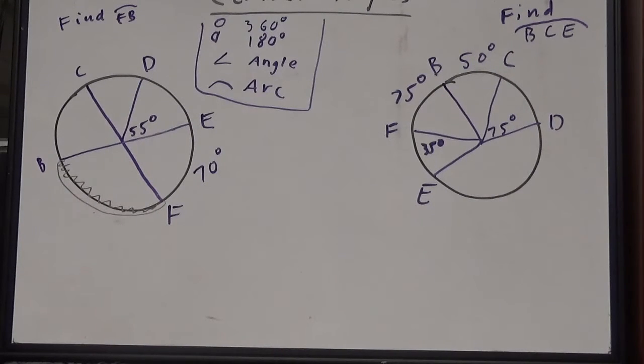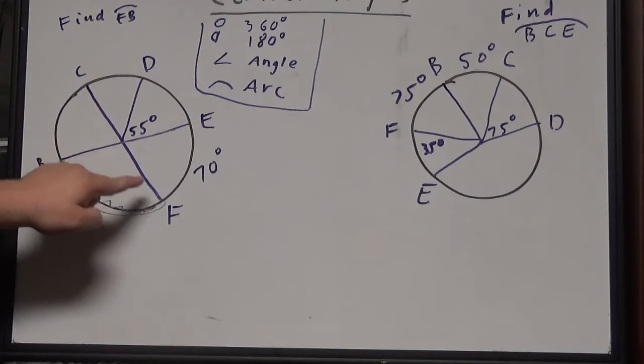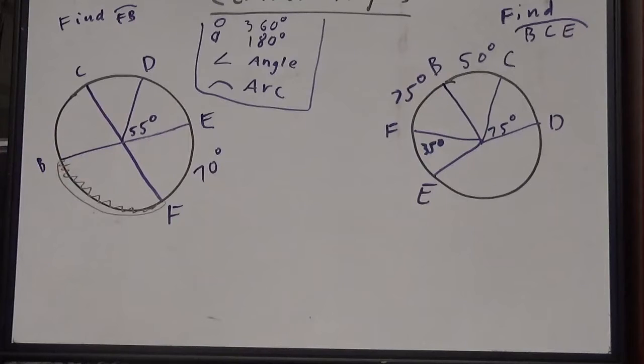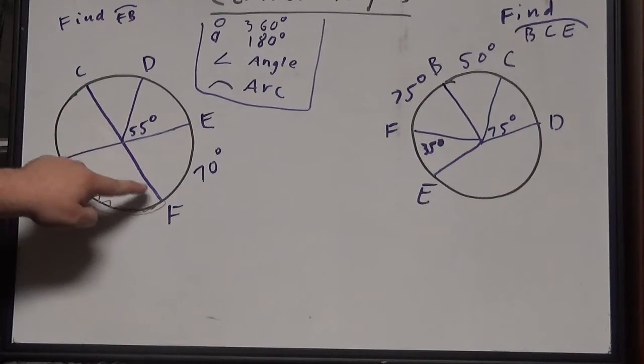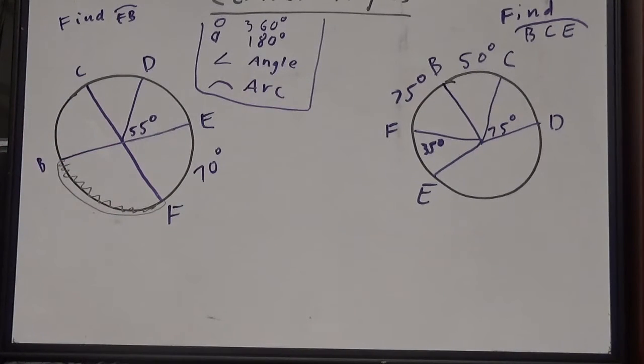And what that means is, if we see a line that looks like a straight line that goes from one side to the other, we're assuming that is what it appears. So this line goes straight through the middle and to the other side. That's what's called a diameter. Those split the circles into halves.